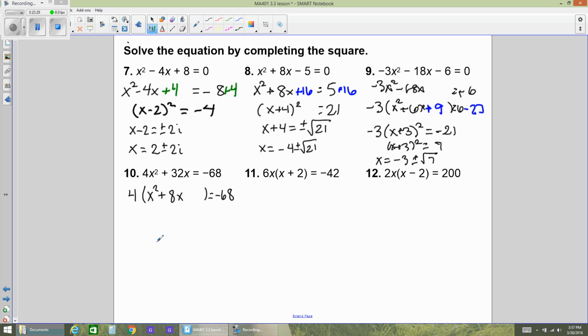Okay, take half of the b value, square it, add it to both sides. Half of 8 is 4. 4 squared is 16. And then what do you add over to the other side? I hope you said 64.